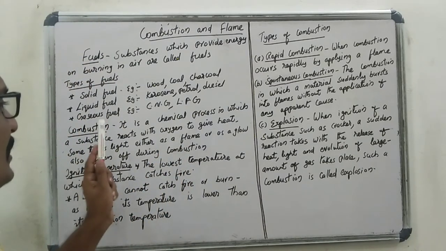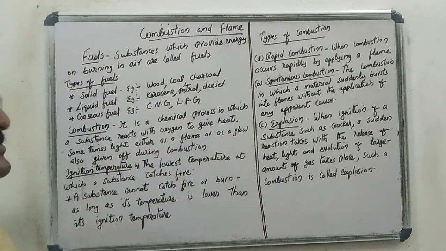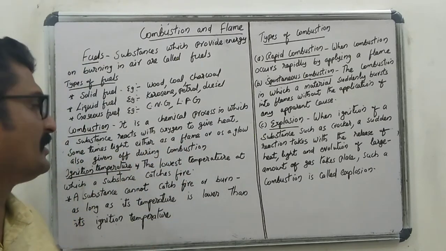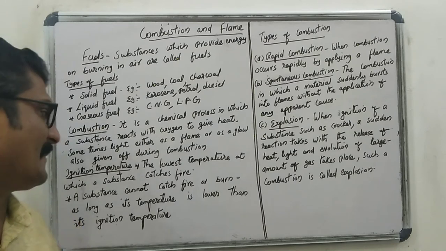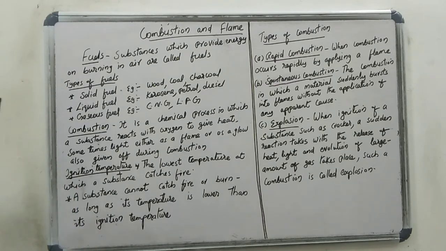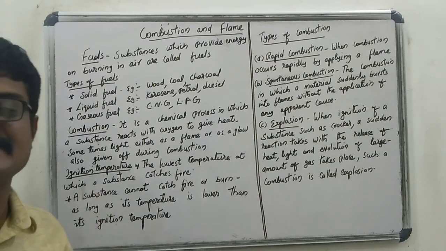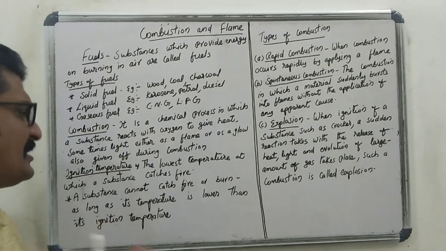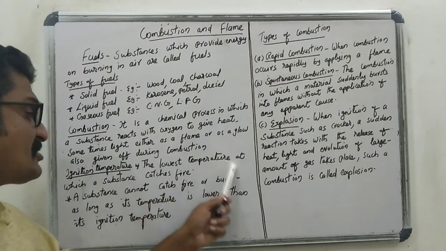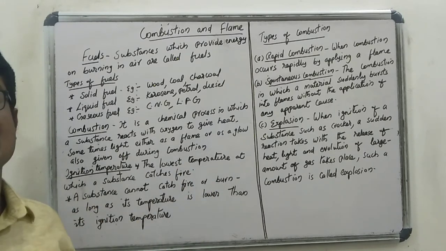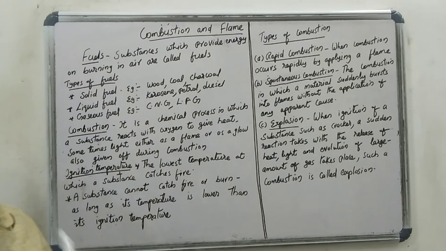Combustion is a chemical process in which a substance reacts with oxygen to give heat, light, etc. Then what is meant by ignition temperature of a substance? Ignition temperature is the lowest temperature at which a substance catches fire.